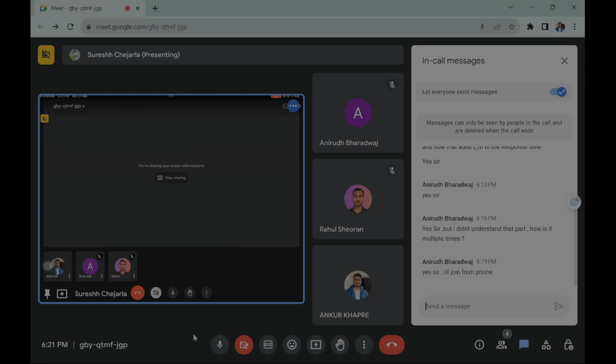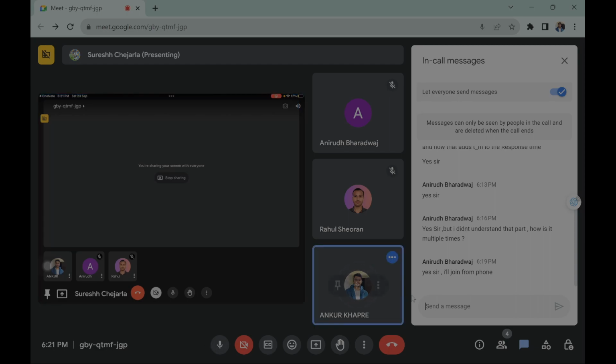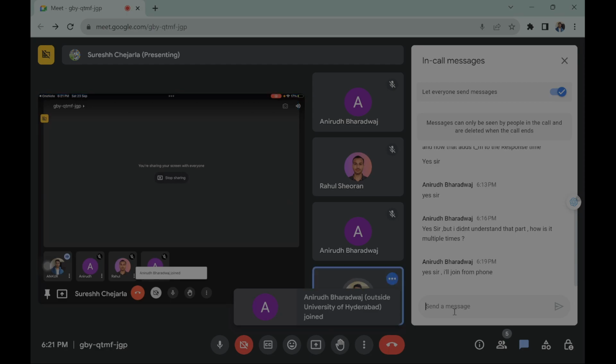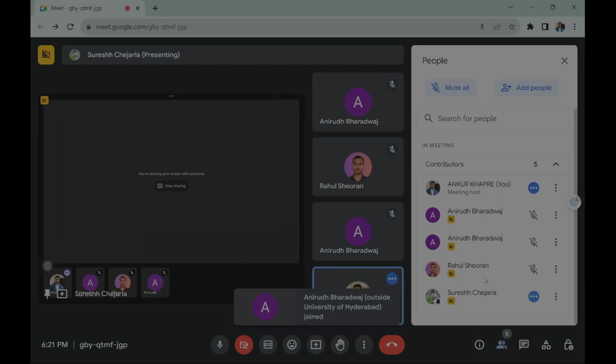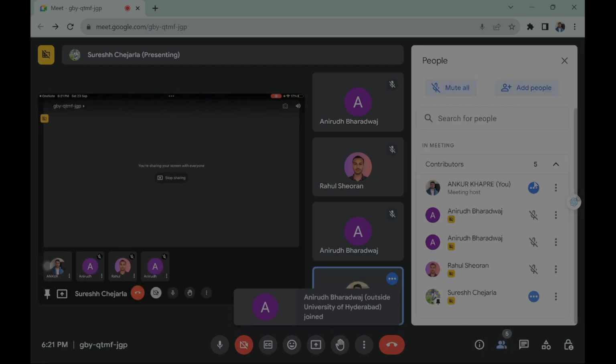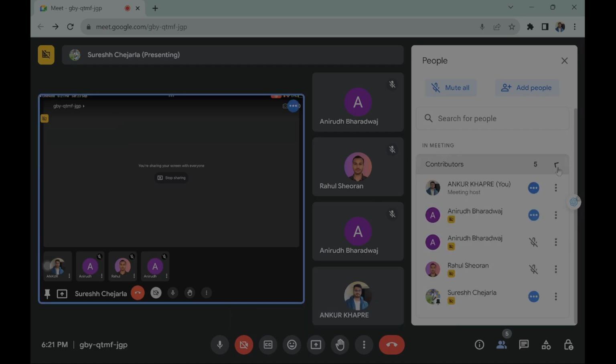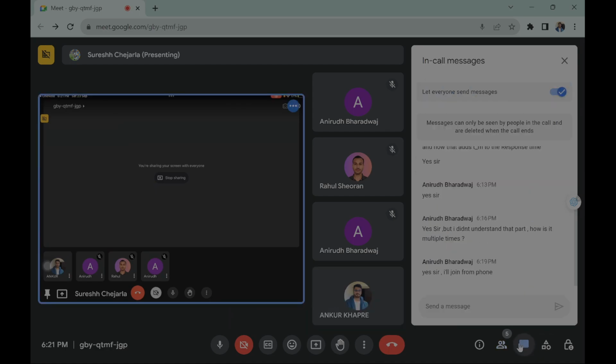Maybe some issues there. So if you have any doubts, Rahul, you can join and ask. I think Anirudh joined from mobile phone. Maybe Anirudh can speak out to continue the discussion further.